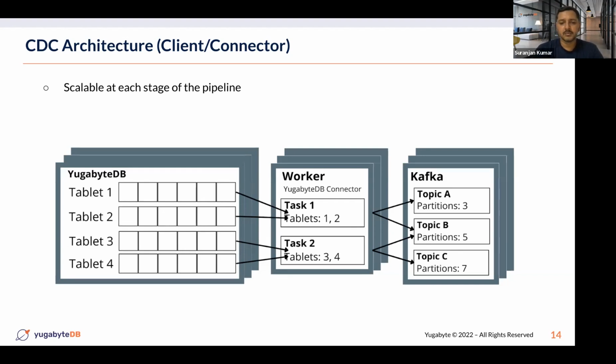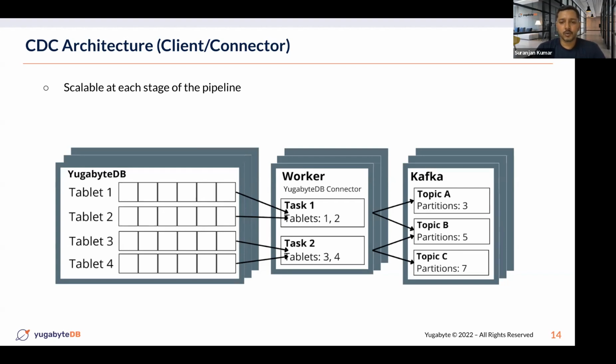So what does it mean? The tasks can be on multiple machines, so the processing is distributed. The data that we are fetching from the YugabyteDB cluster can also be on different machines. The processing of the CDC service is distributed on the YugabyteDB side. And then when we fetch and put it into Kafka, the Kafka cluster itself is a distributed cluster, and the topics can again reside on different machines.